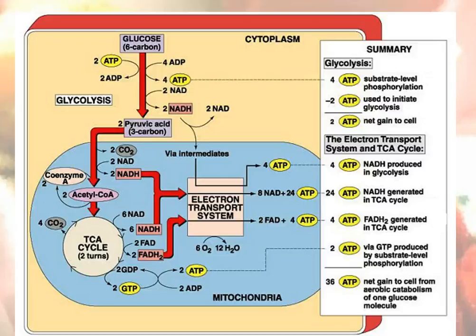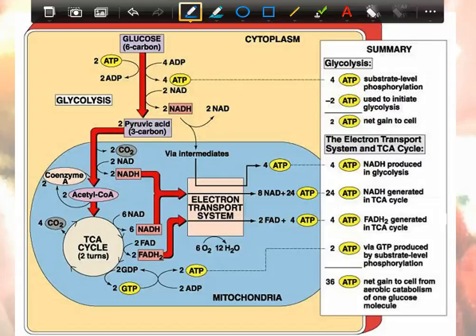Okay, so here's the sum total of everything, showing you where all the ATP is made from. Here is the reduced NADH made in glycolysis. Here's reduced NADH that's made in the intermediate step, converting pyruvic acid to acetyl coenzyme A. And then here's the Krebs cycle.